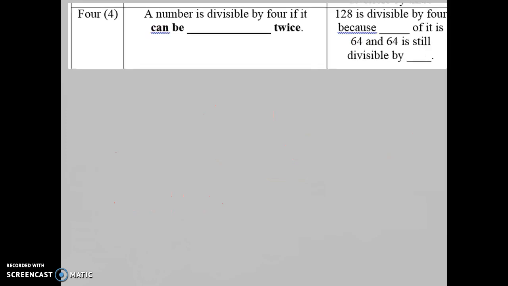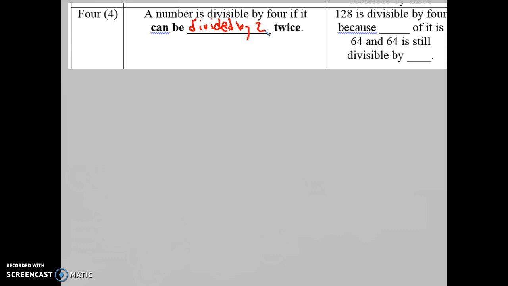Our last divisibility rule is 4. A number is divisible by 4 if it can be cut in half twice or divided by 2 twice. So when we look at the number 128, if I cut it in half once, I get 64.